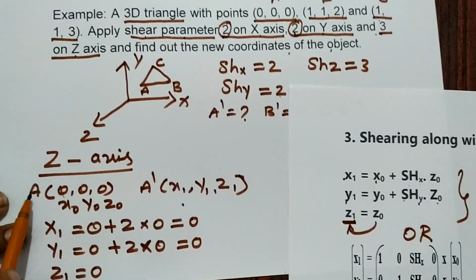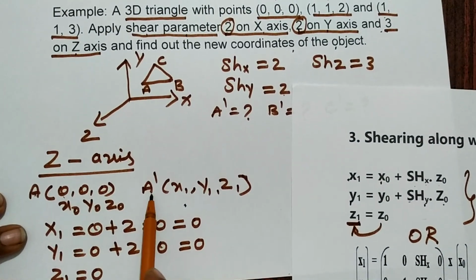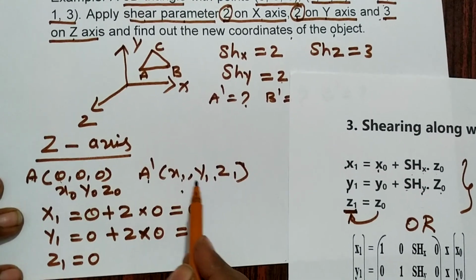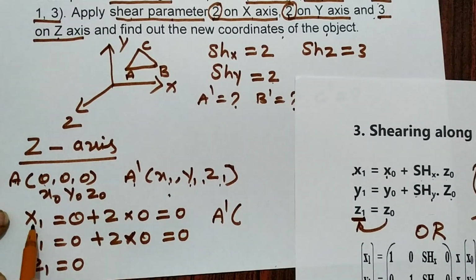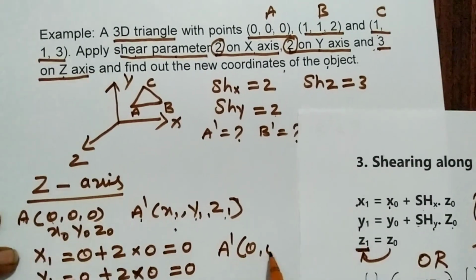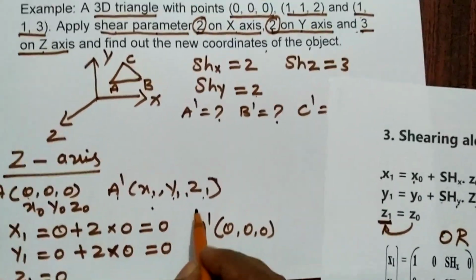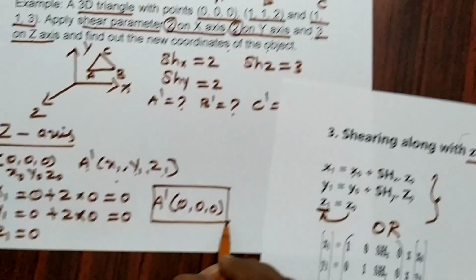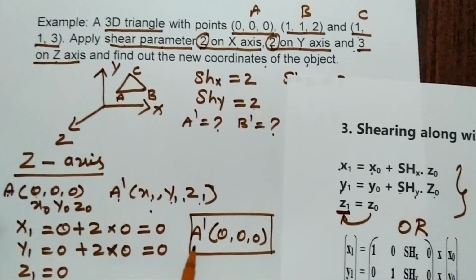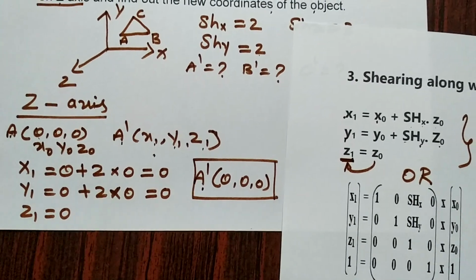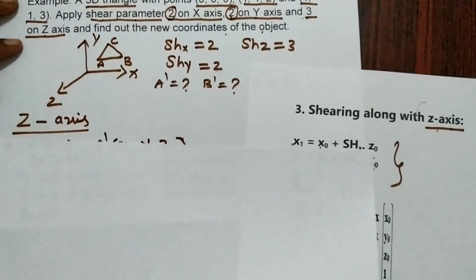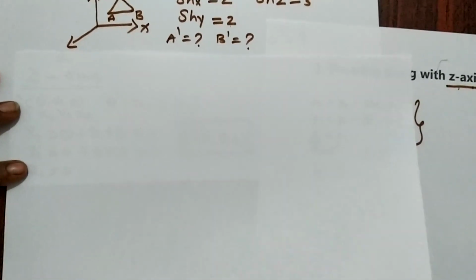So for the point A, the A dash we got along with the values x1, y1, z1 are 0, 0, 0. So we got the new coordinate values for a point called as A dash.